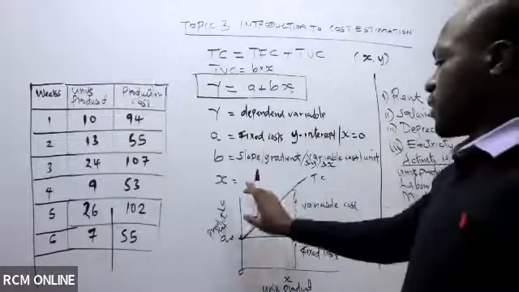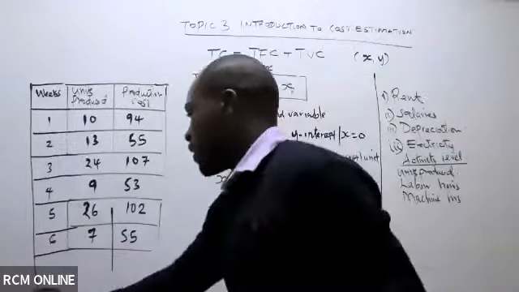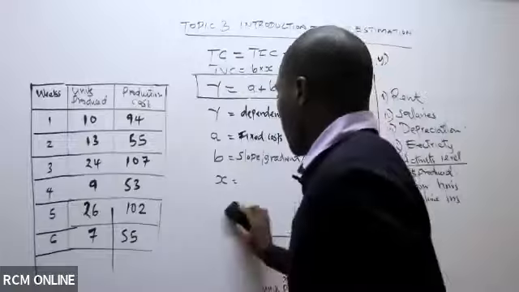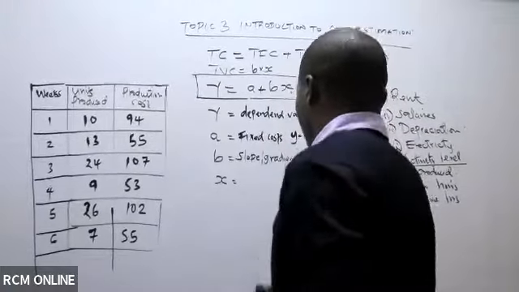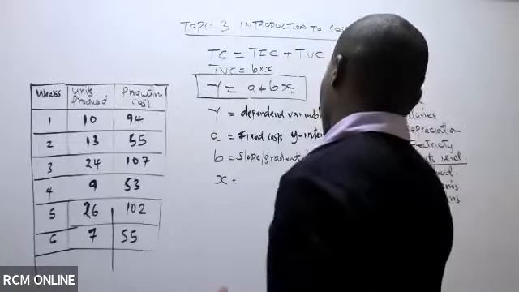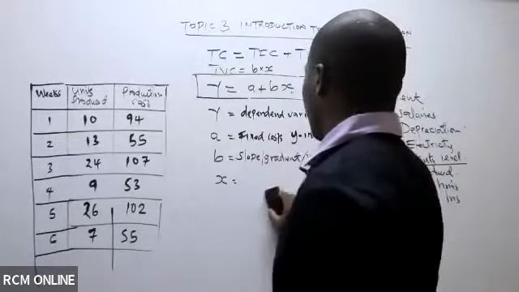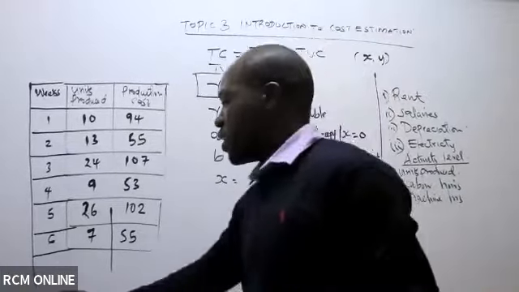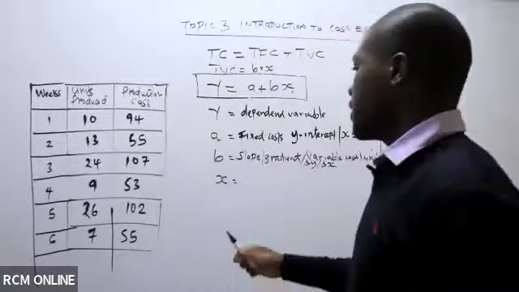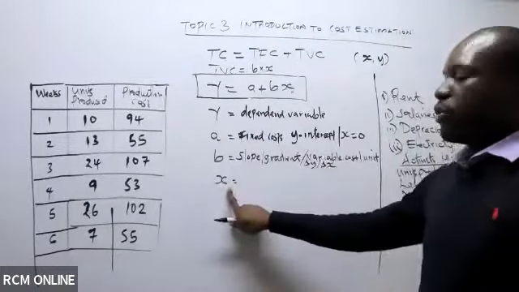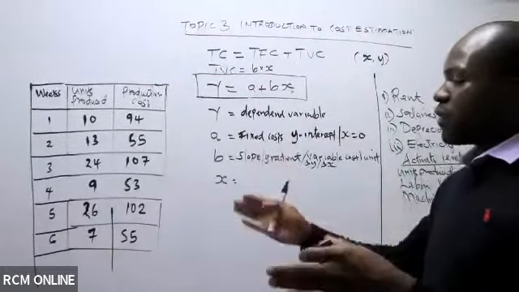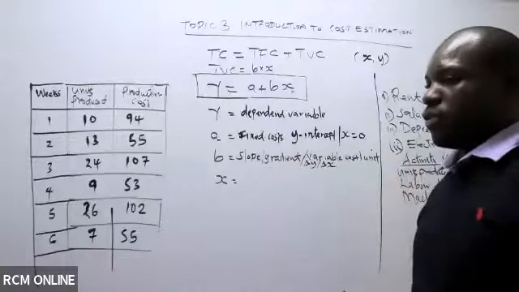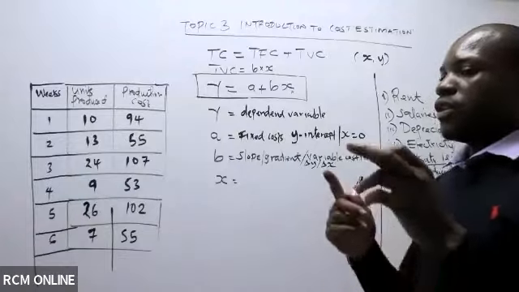So what is this x? It is so powerful. In any cost function, x is the most powerful tool, because without x, everything will be constant.